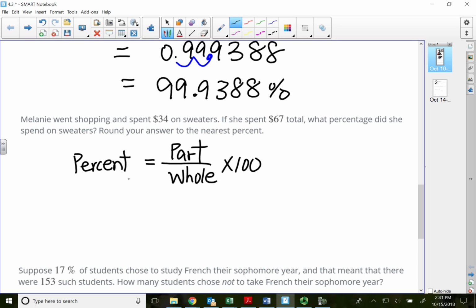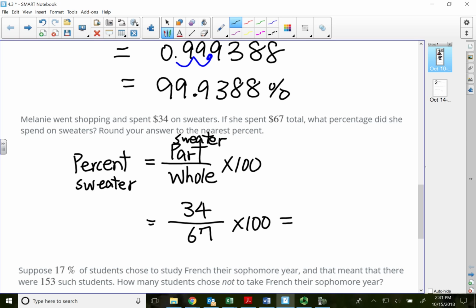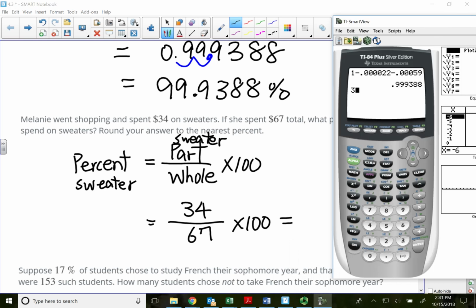So percent, as I mentioned earlier, represents the part. If I want to find the percent spent on the sweater, that means my part has to represent the sweater as well. Since Melanie spent $34 on the sweater, my part, $34, is the sweater, divided by the total price spent, $67. So what percent did she spend on the sweater?